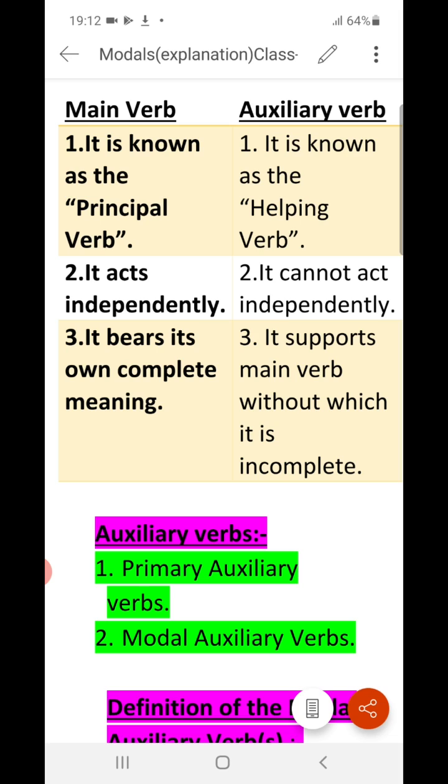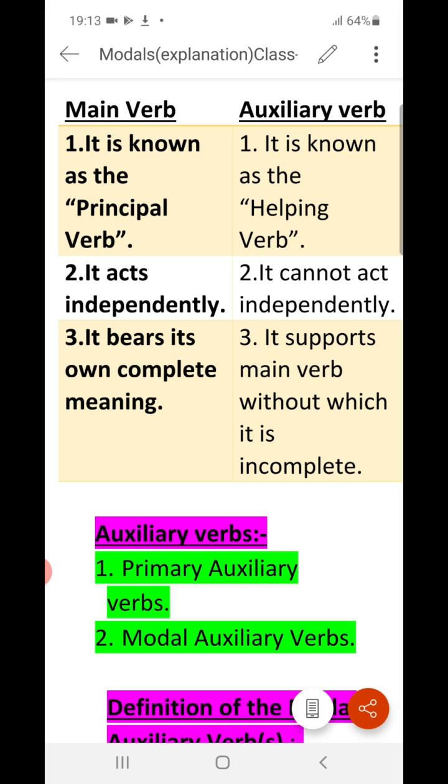In case of the auxiliary verb, it cannot act independently since its work is to support the main verb in a sentence.